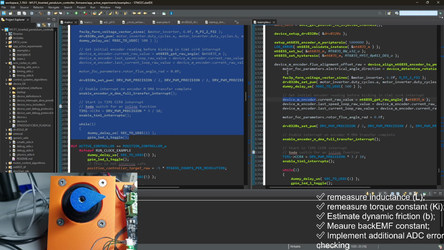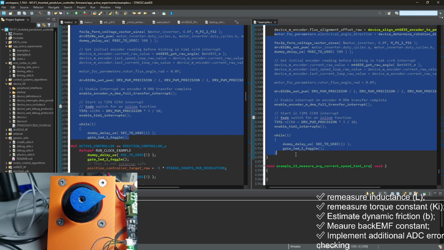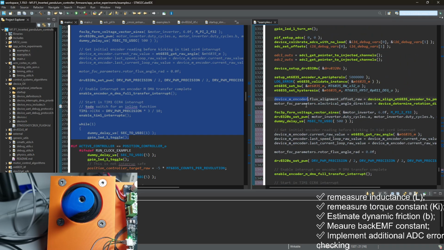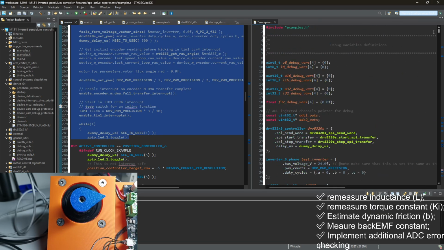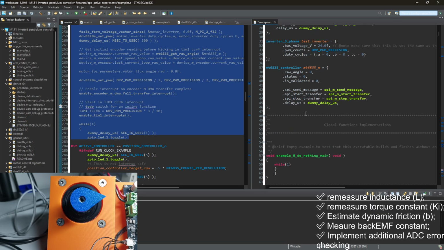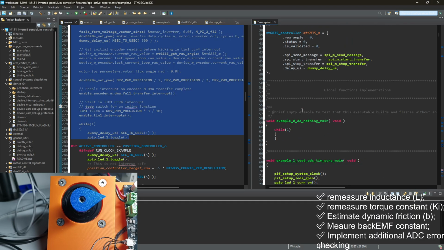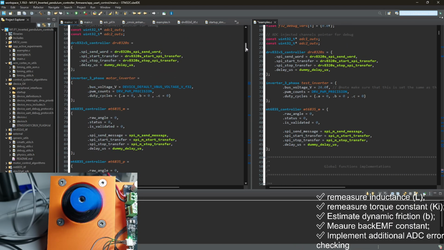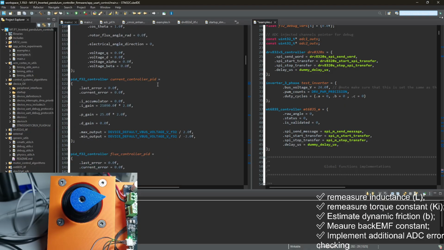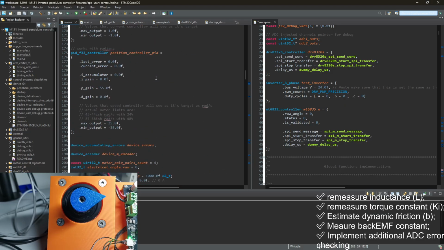A device encoder is unknown, which is fine. Let's define it somewhere here. Device encoder. Okay.